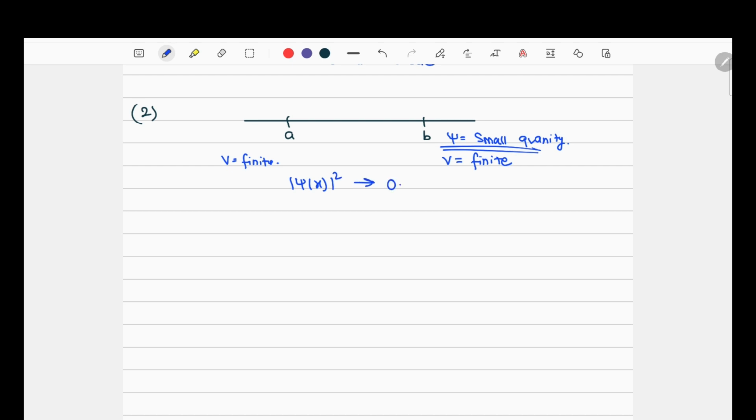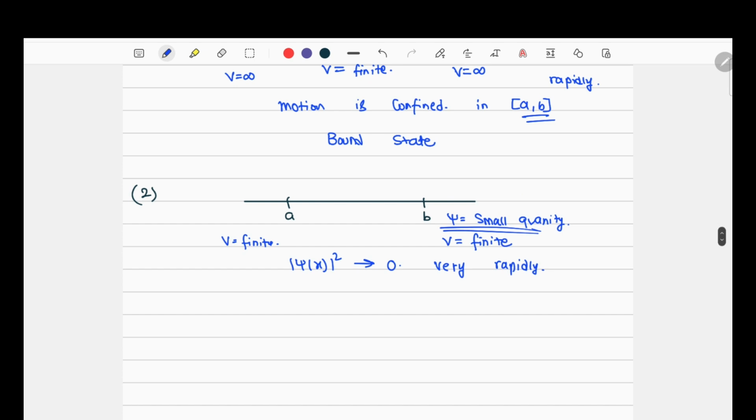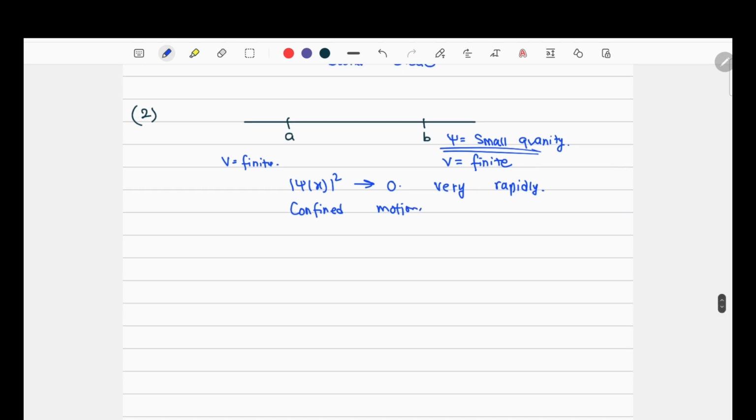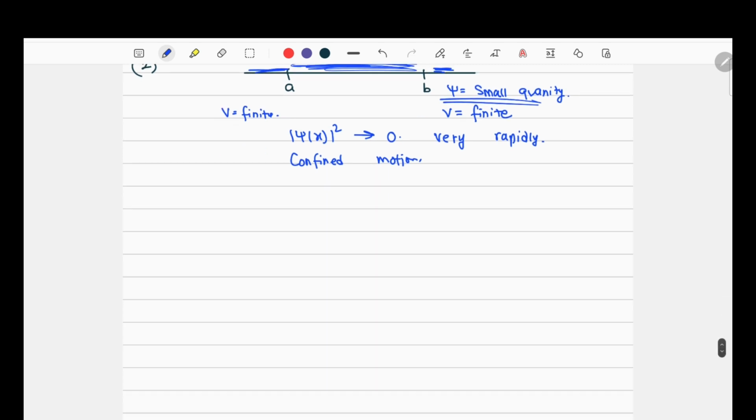It will be dropping to zero very rapidly. So if the probability of finding the particle is zero outside the range, then it is essentially again a confined motion in the range, because mostly you will find the particle here only, because here there is more probability and here there is less probability of it being found. Due to which this confined motion is again a bound state.